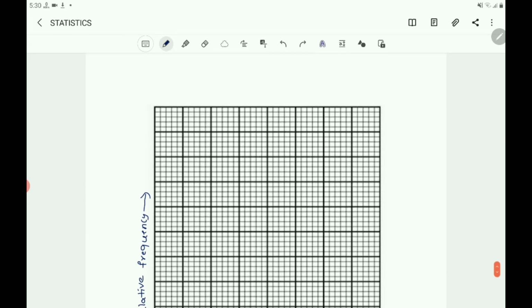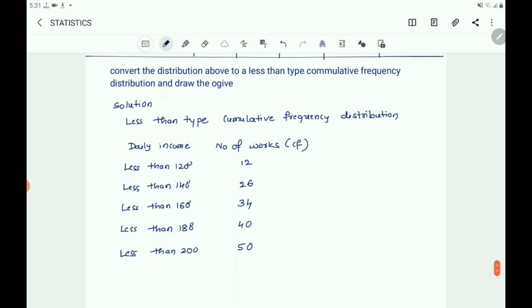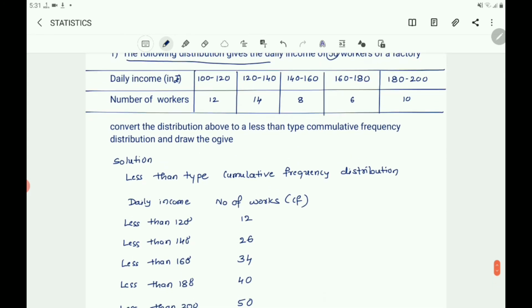Now you take the starting lower limit. This is 100. Next, the upper limit is 120.